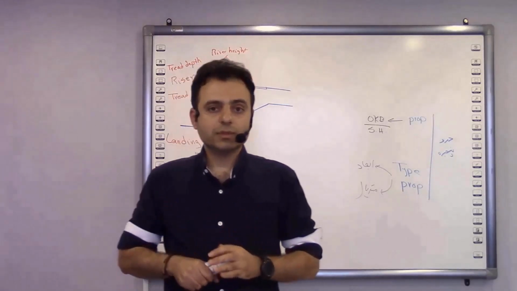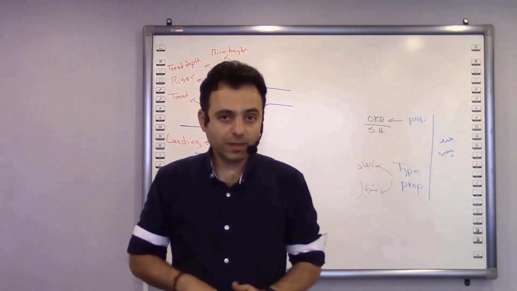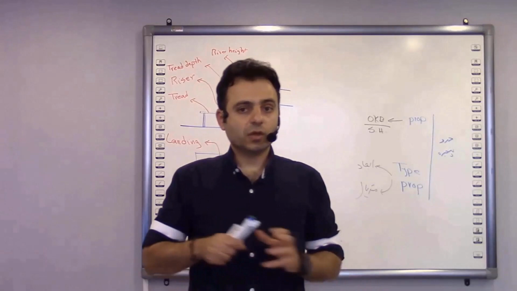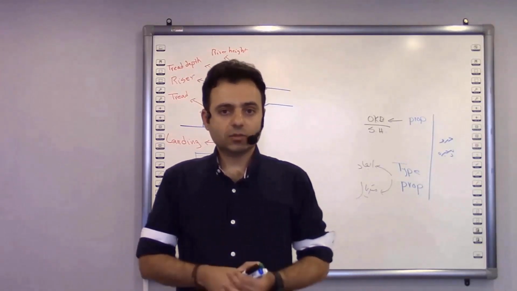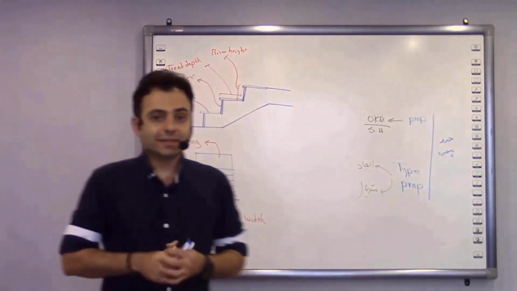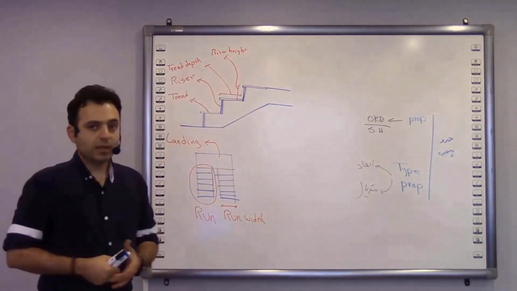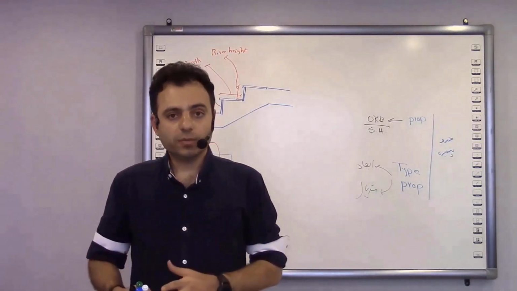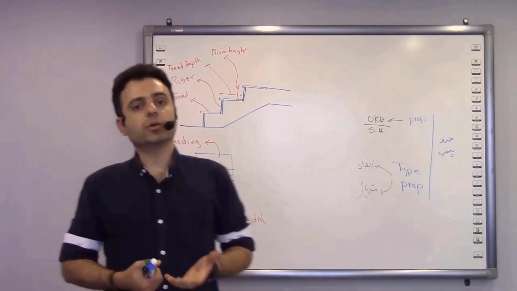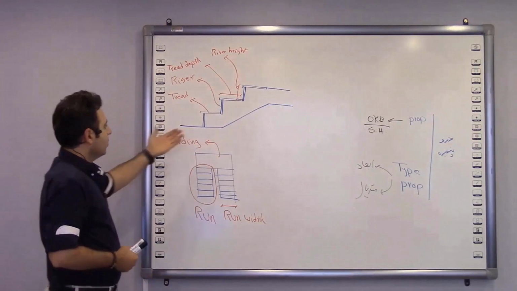So today we want to talk about the stairs and also analyze the properties and the type properties of it. But before we start anything, we need to know the names of different parts of the stairs. Well, I'm sure you're already familiar with them, but I just say it once to be certain about it.